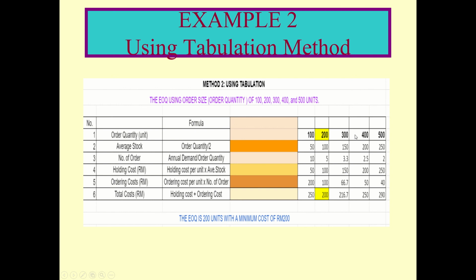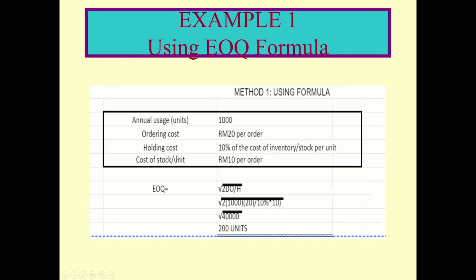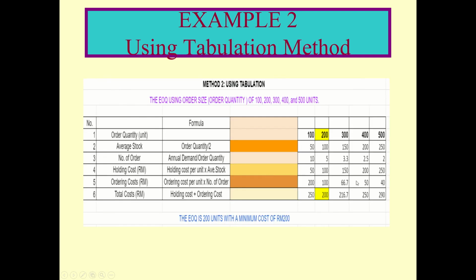Okay. Next, the ordering cost is 20 ringgit, same. Okay, 20 ringgit per order. And then you times it with the number of order at 2.5. So 20 multiply with 2.5 equal to 50.